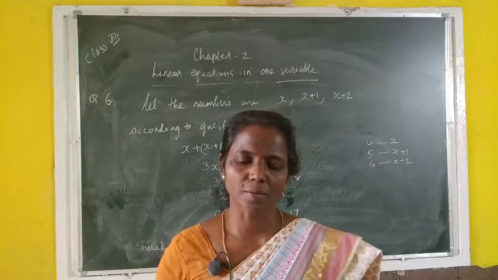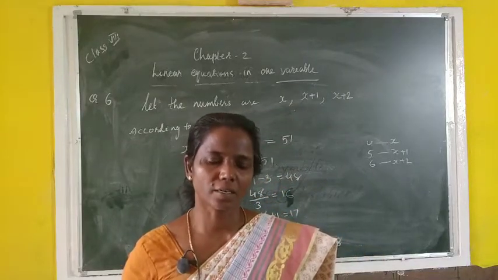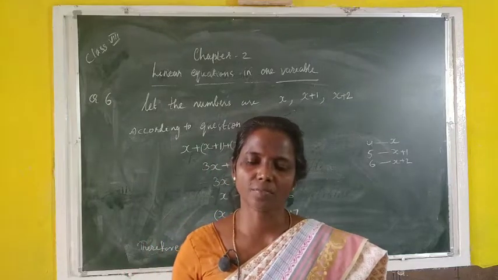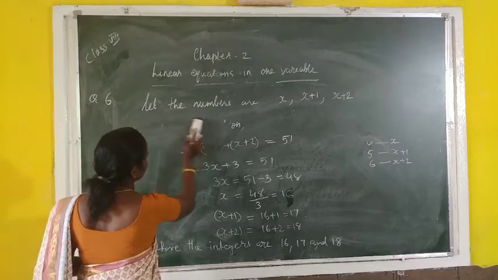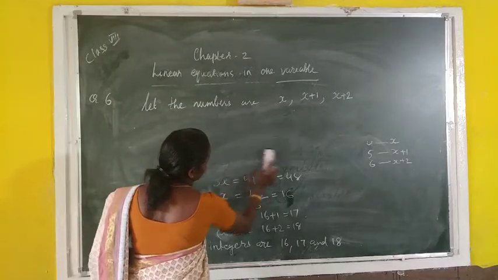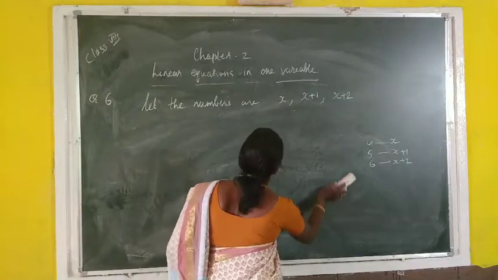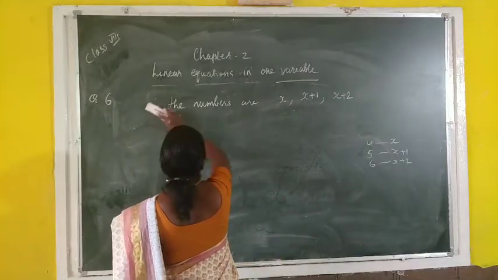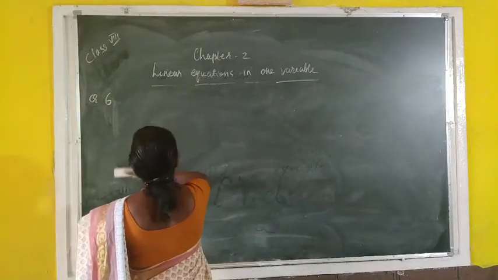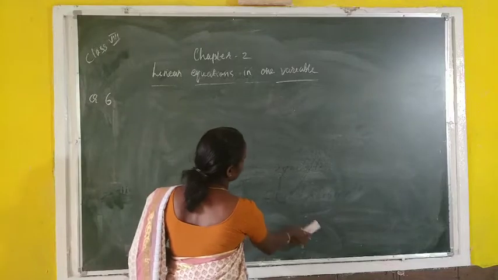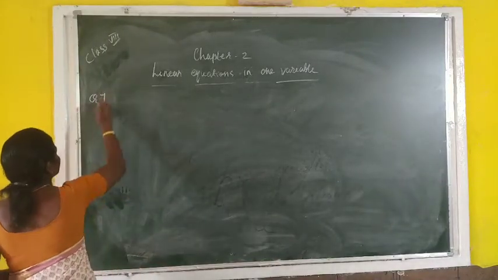The next question, number 7. Look, the sum of 3 consecutive multiples of 8 is 888. Find the multiples. Question number 7.